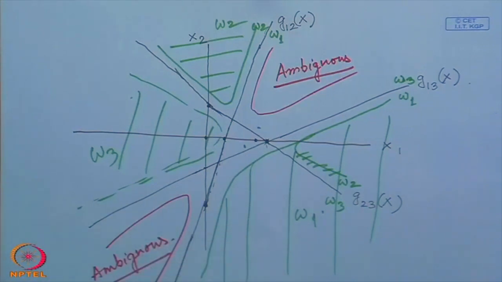So, when I have this linear discriminator, considering the decision boundaries between different classes, and if I have a multi-class problem, it is quite possible that in the feature space I can have few subspaces in which if a feature vector falls, that feature vector cannot be classified to any of the classes, because those subspaces are actually ambiguous regions.